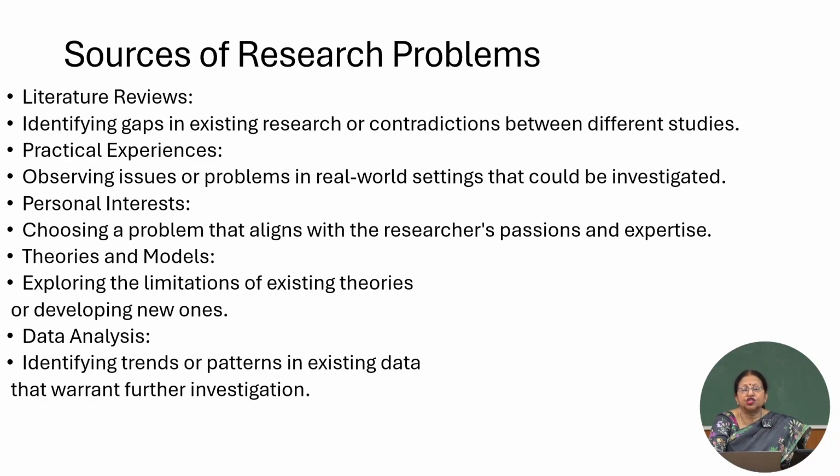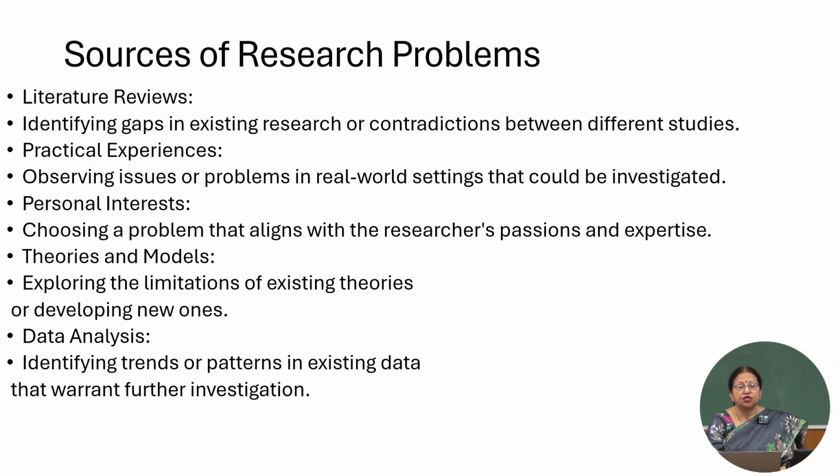Sources of research problem. Of course, undoubtedly, literature review, where you identify the gap in existing research and contradictions between different studies. This could be one of the sources of identifying a research problem. Practical experiences. Observing issues or problems in real world settings that could be investigated.